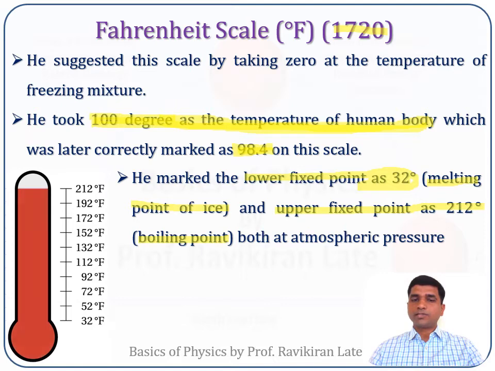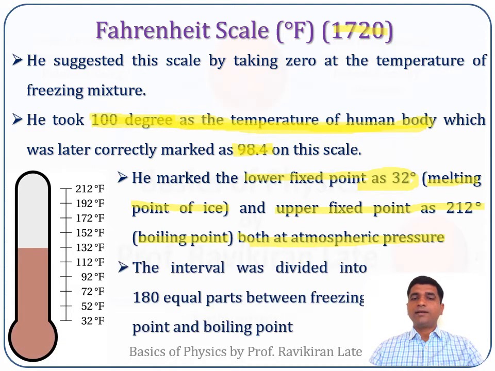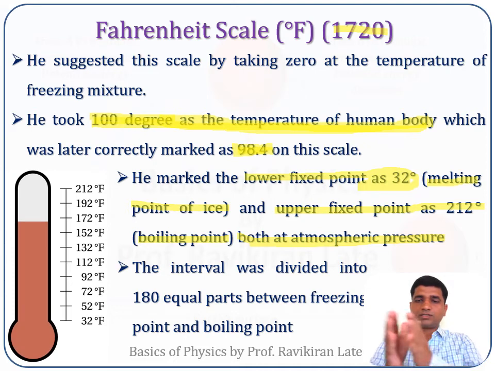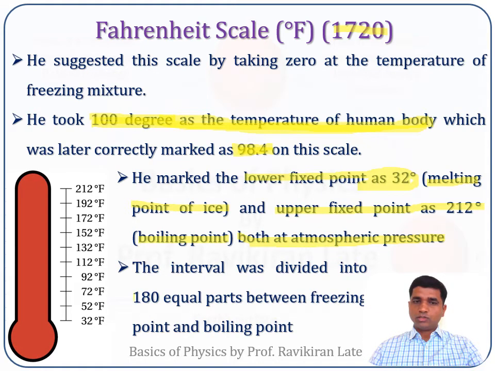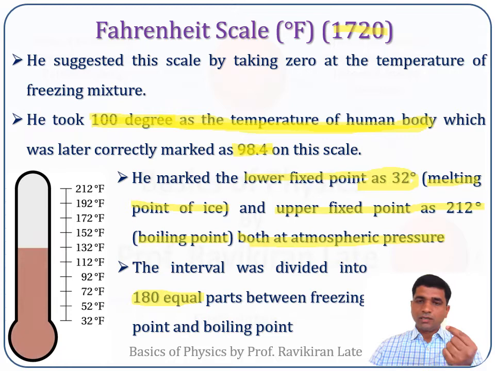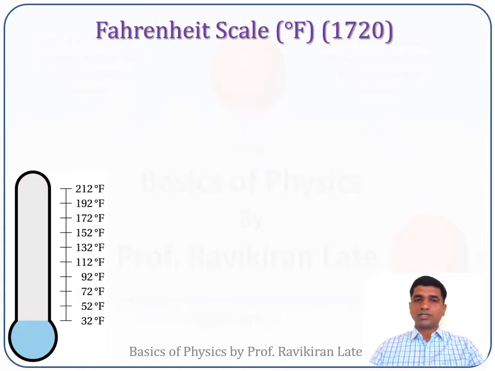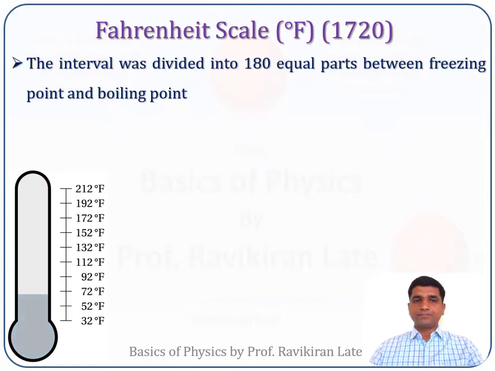Both these temperatures he noted at standard atmospheric pressure, and he divided that 212 minus 32 into 180 equal parts. So this total scale was divided into 180 equal parts, and a single part of those 180 parts was considered as a Fahrenheit.